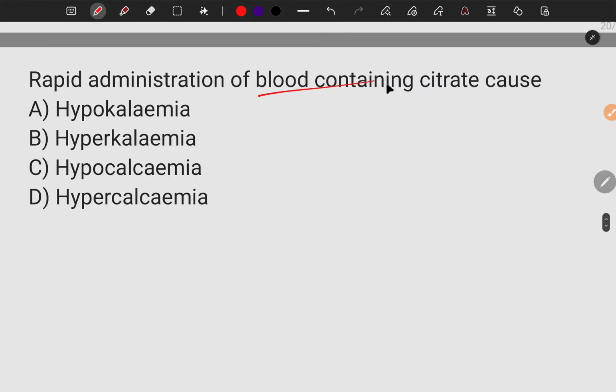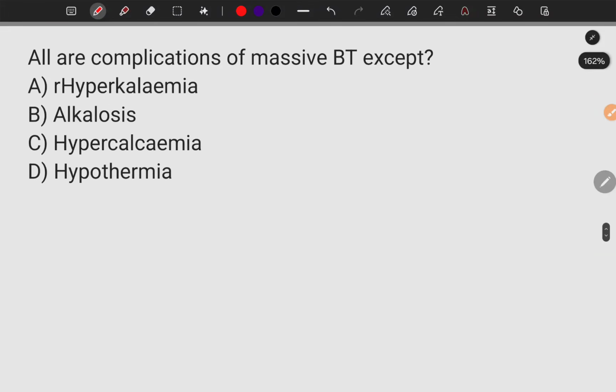What happens when you give rapid administration of blood which contains citrate? I told you citrate is a calcium chelating agent. As soon as it chelates the calcium, what will happen? Hypocalcemia. All are the complications of massive BT except: hyperkalemia occurs, alkalosis occurs, hypocalcemia occurs, hypothermia occurs.